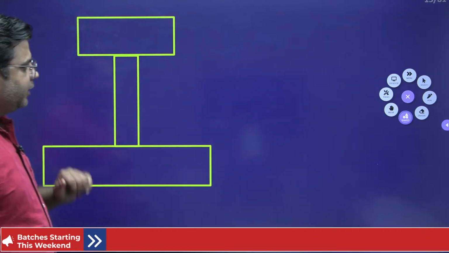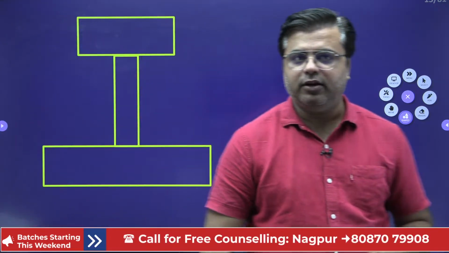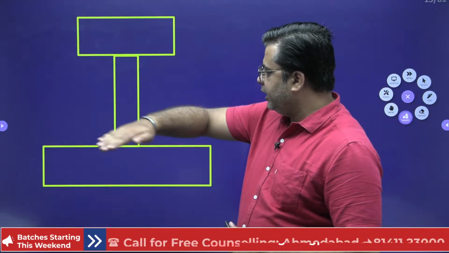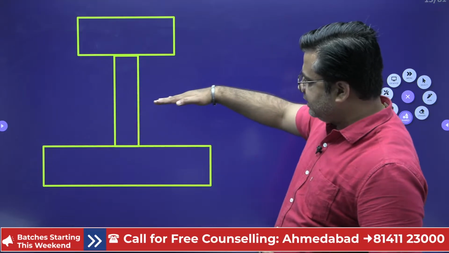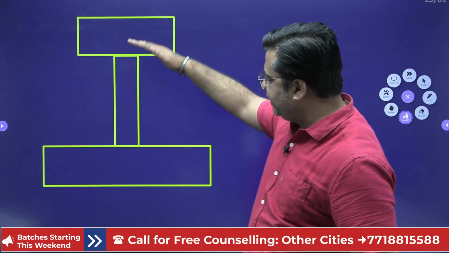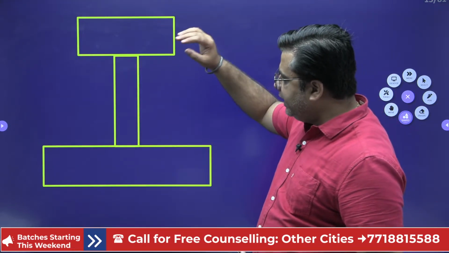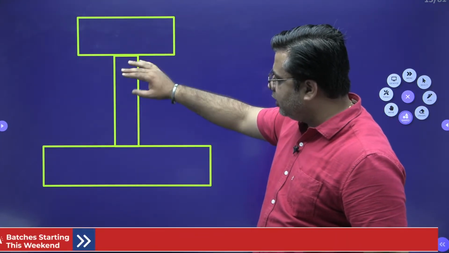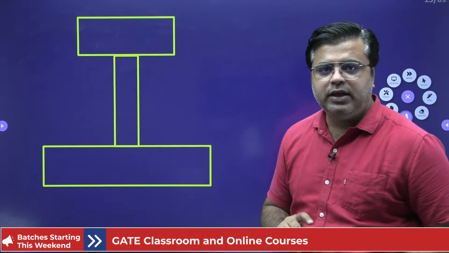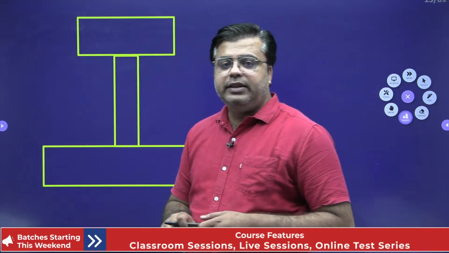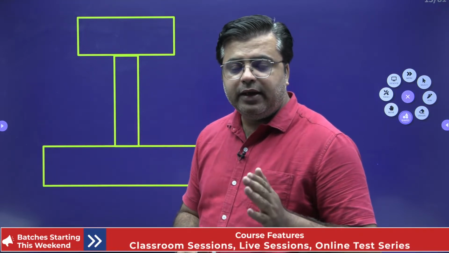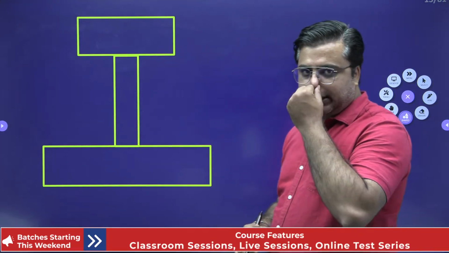This is the irregular figure, right? If you look, this axis is not dividing this cross section into two equal halves. So we need to calculate first of all the position of the neutral axis. Wherever we cannot get an axis of symmetry, there we need to calculate the neutral axis.